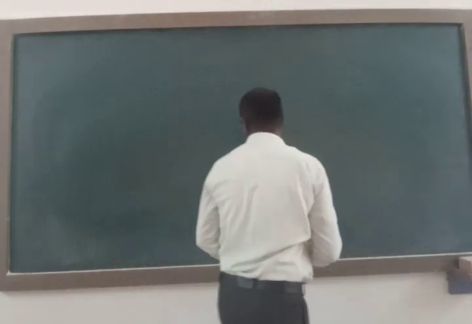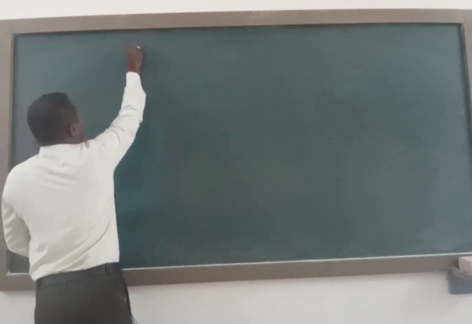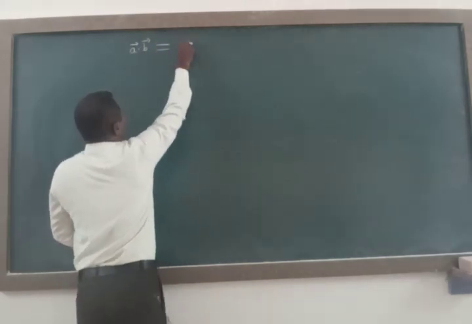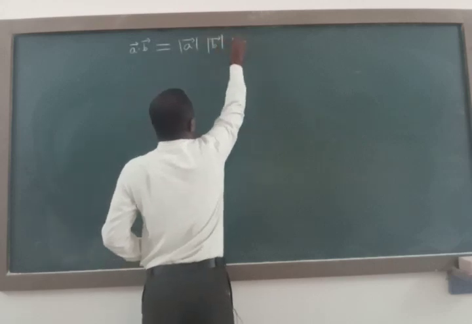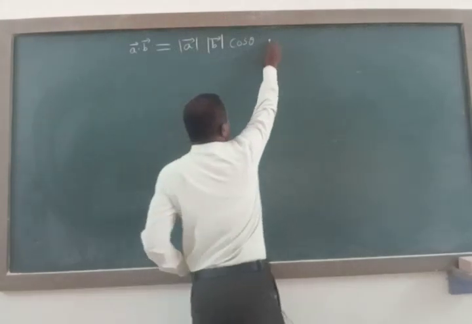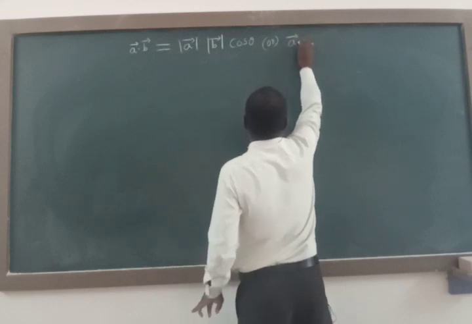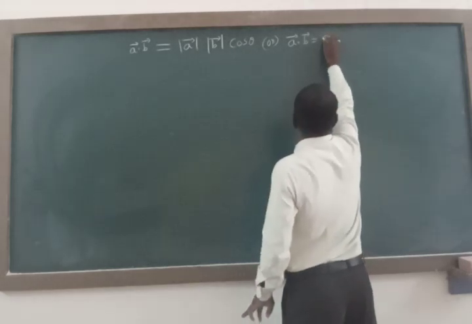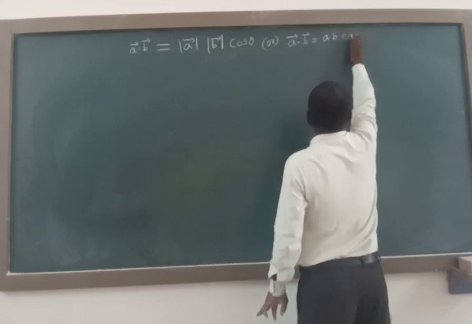A bar dot B bar is equal to the magnitude of A bar into the magnitude of B bar into cos theta. We can also write it like this: the magnitude of A bar can be written as small letter a, the magnitude of B bar as small letter b, and the remaining term as it is, cos theta.